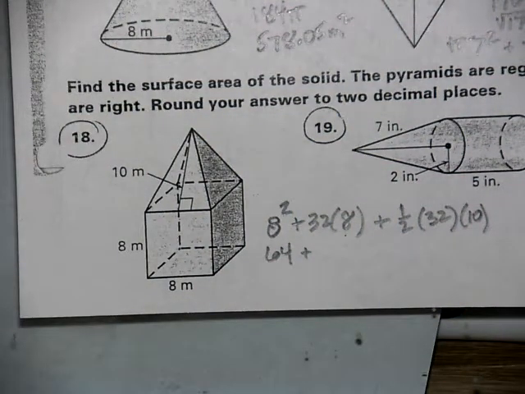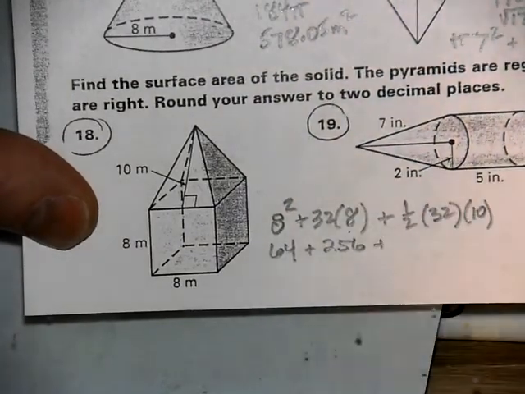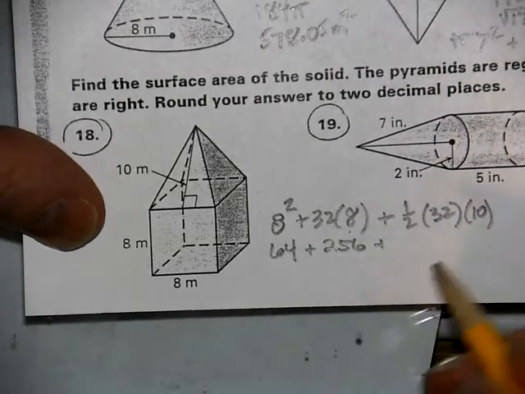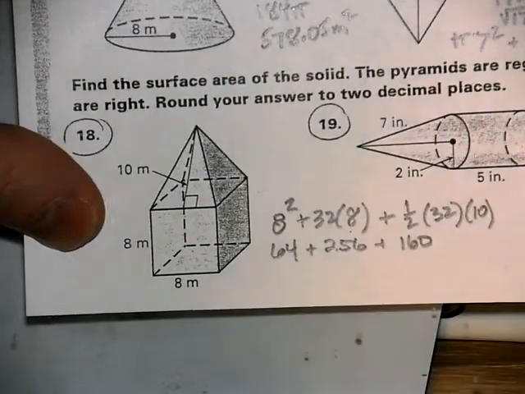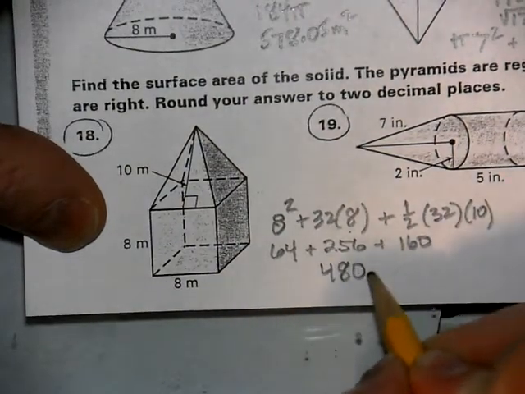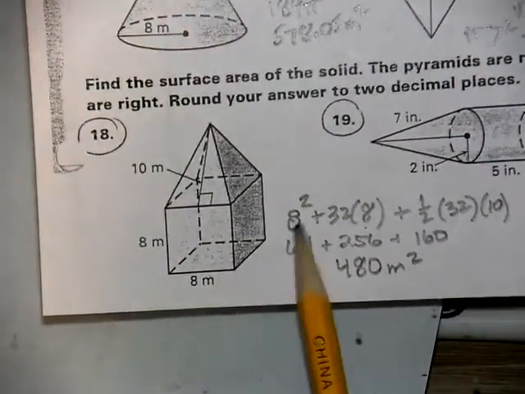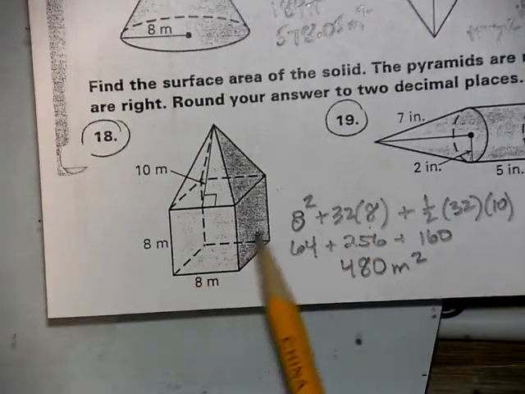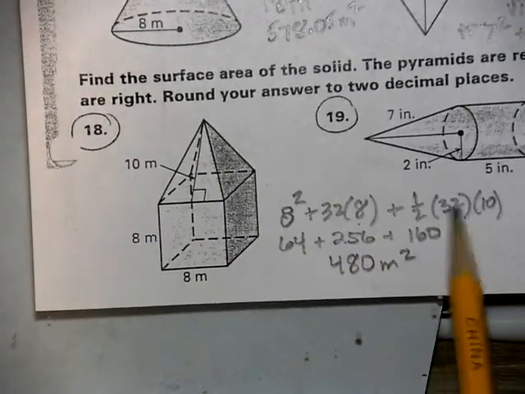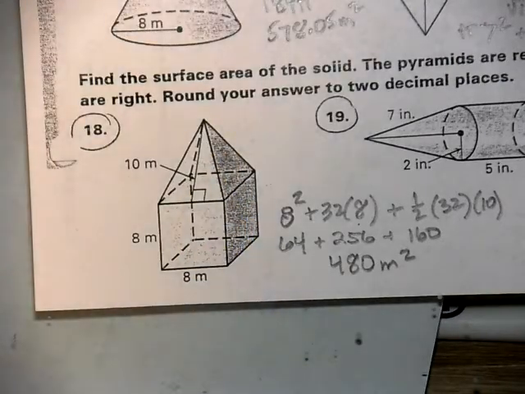We have 32 times 8, which is 256, plus half of 32 times 10, which gives us 160. That's given us 480 meters squared. It's the area of the base plus the area of the sides plus the area of the lateral faces of the pyramid.